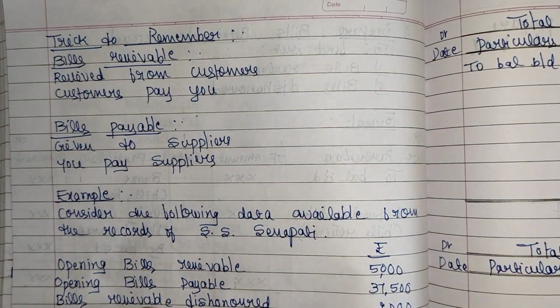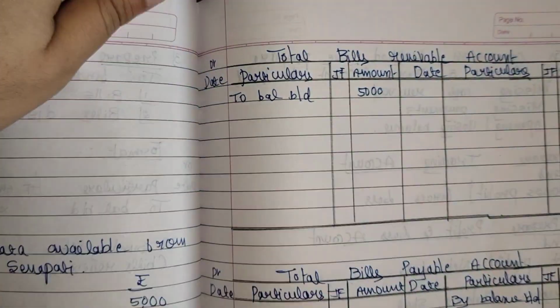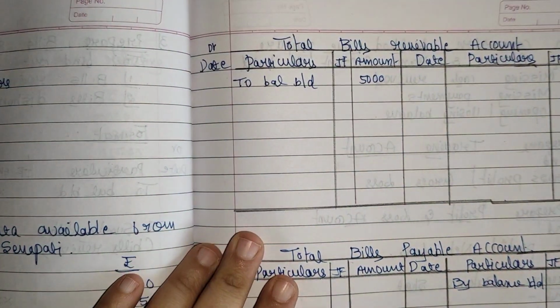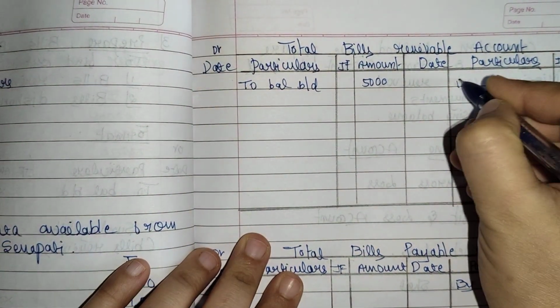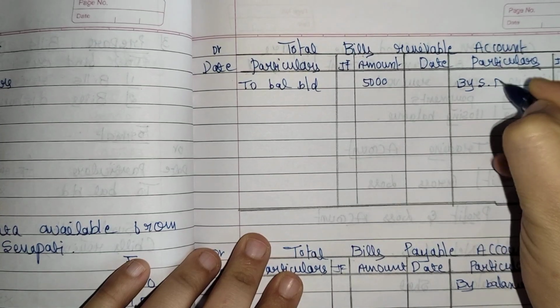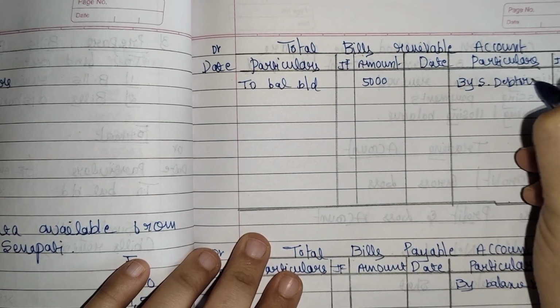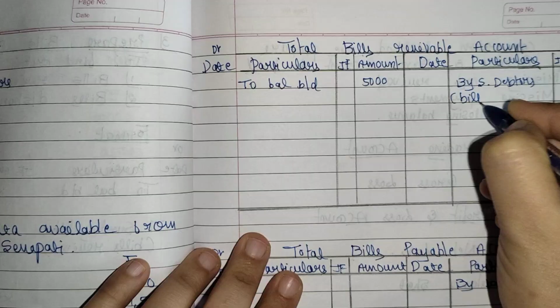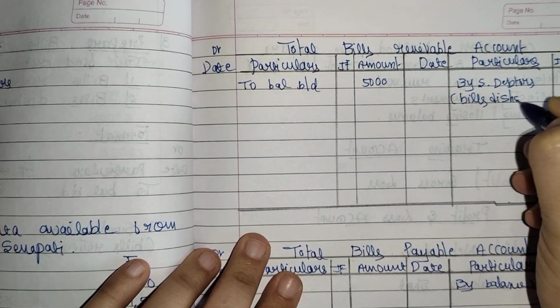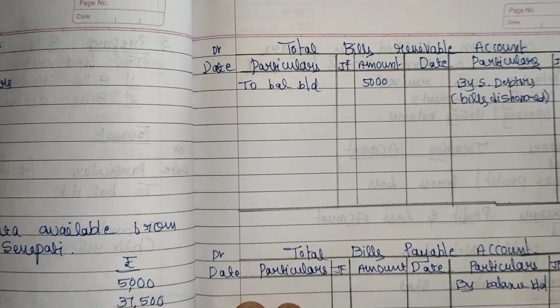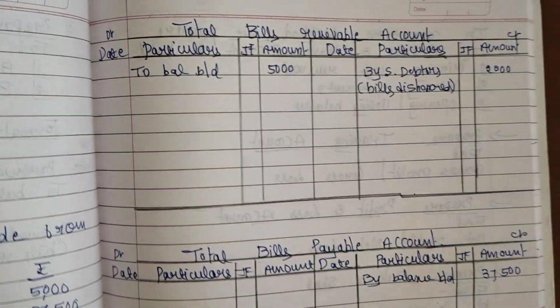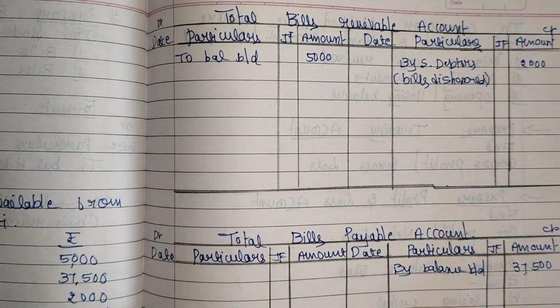Receivable means go to the receivable account and write down on the credit side, that is, by sundry debtors, and write down in the bracket bills dishonored. How much? 2,000. See here. Right. Clear?